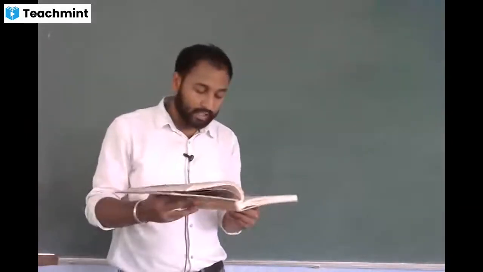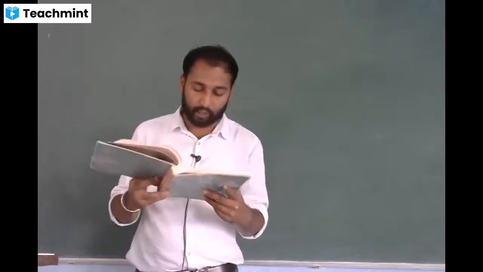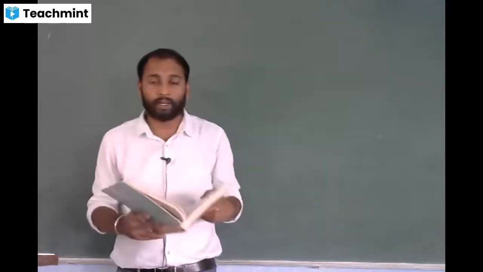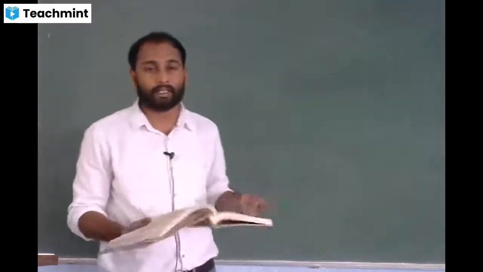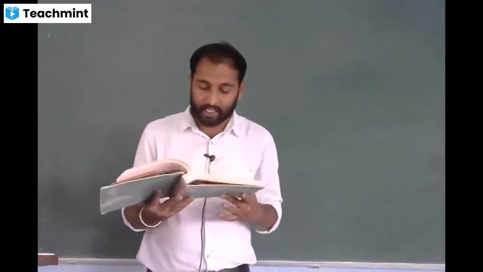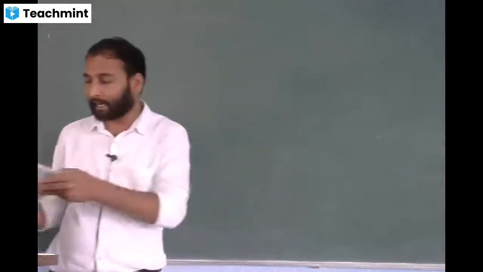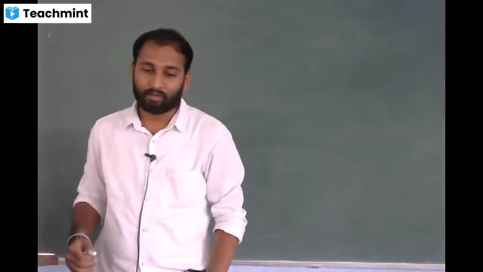A student has difficulty reading the blackboard while sitting in the last row. So a student is sitting in the last row. He is having difficulty while seeing the blackboard. What could be the defect the child is suffering from? How can it be corrected? So what is the defect? Myopia, sir.